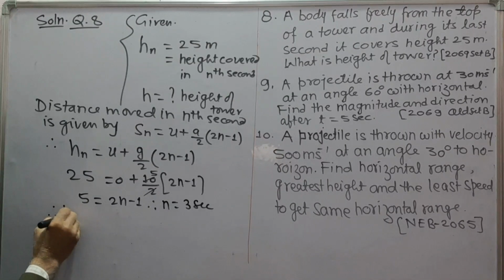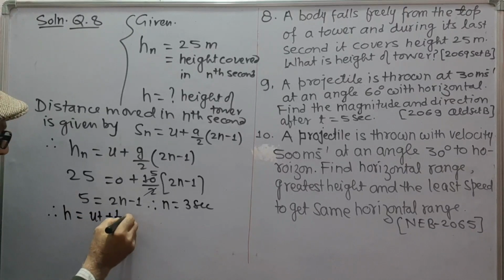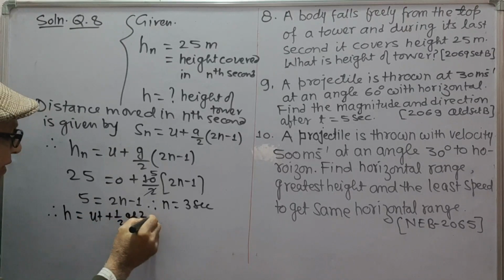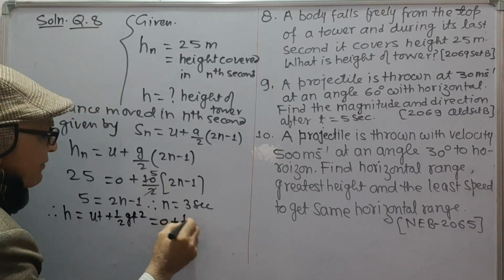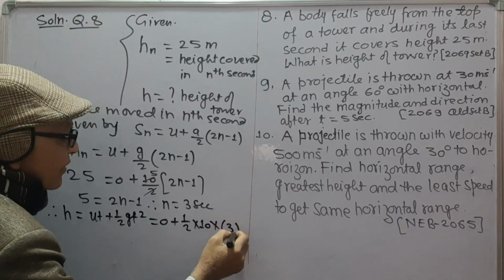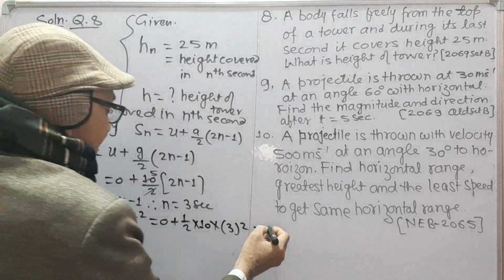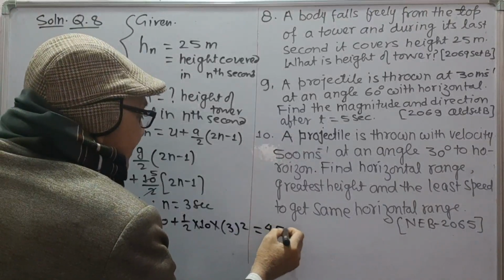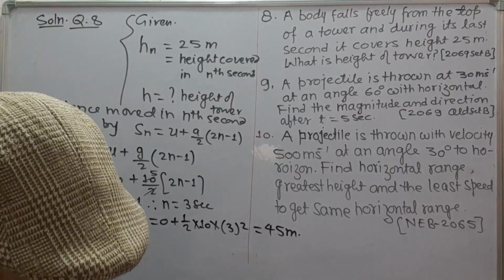Therefore, height of tower will be equal to ut plus half gt square. u is 0 plus half 10 into 3 square, which gives 45 meters. So the height of tower is 45 meters.